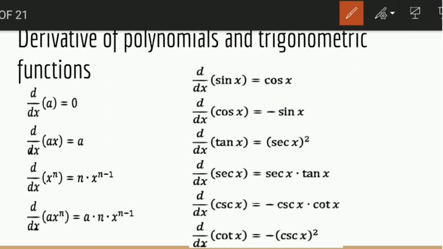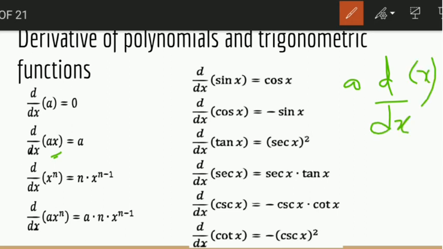Now if the function has a constant in front of the variable, so here we have ax, here x is the variable and a is the constant, so you can actually take a out and find d by dx of x.